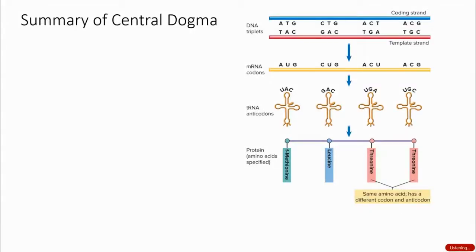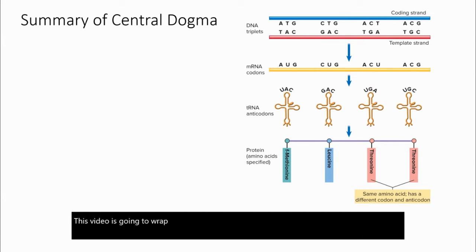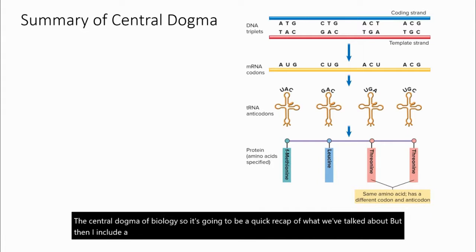This video is going to wrap up our conversation on the central dogma of biology. It's going to be a quick recap of what we've talked about, but then I include a slide that has some practice for you because you are going to need to know how to do this on the exam.